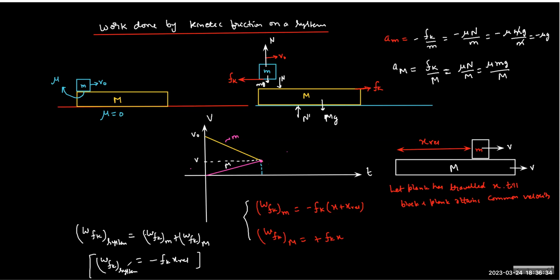And the same relative motion was not happening in case of static friction, but now it is happening. Therefore, you should remember that the amount of heat generation equals, so here negative work means energy is lost.